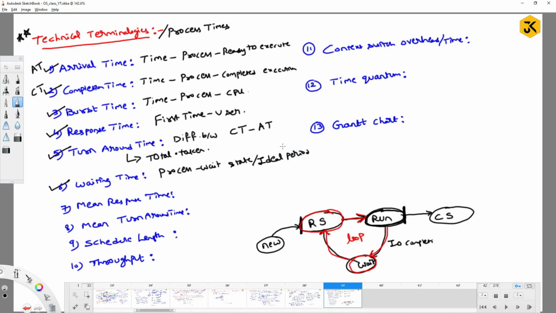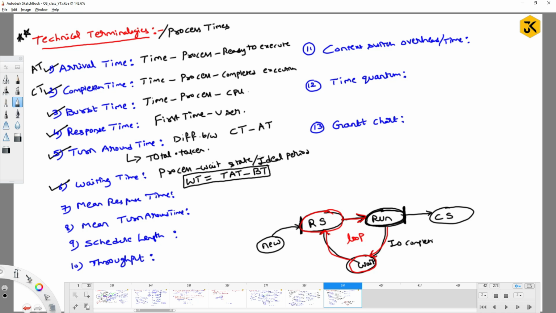Then how are we going to calculate the waiting time? In general, try to observe. Waiting time, I can write WT equal to turnaround time minus burst time. Is it the correct one?